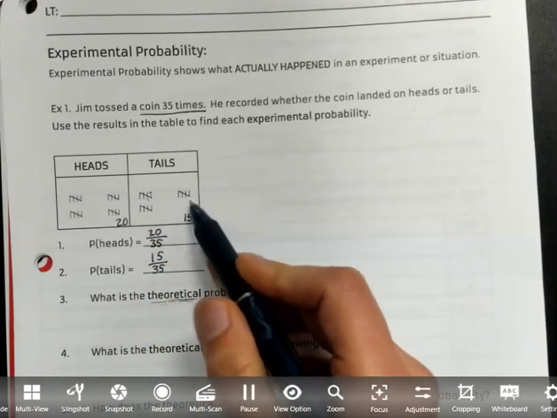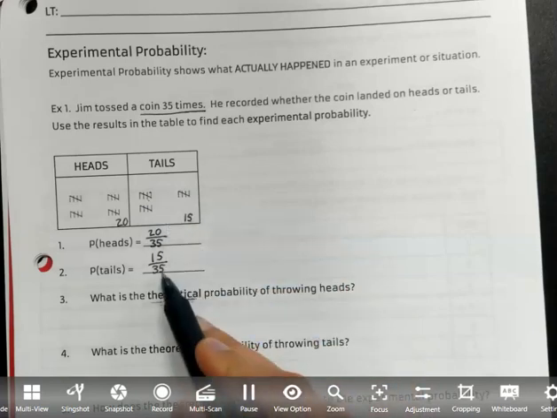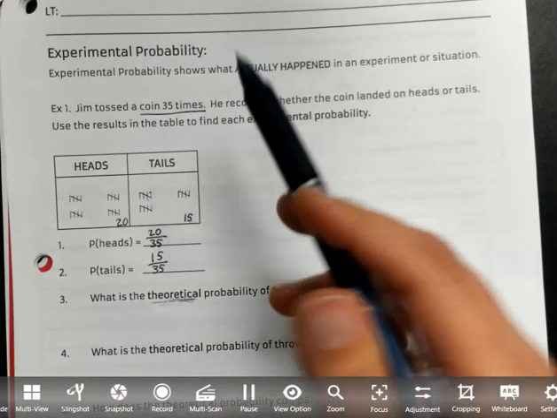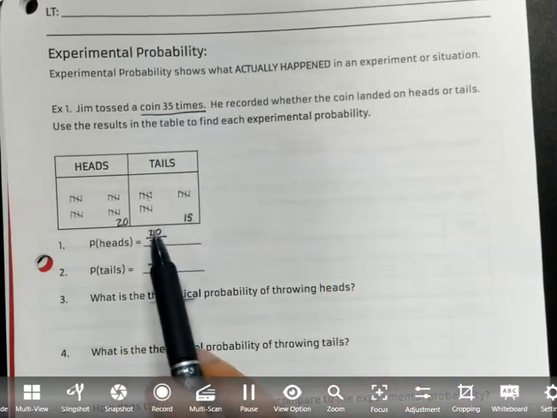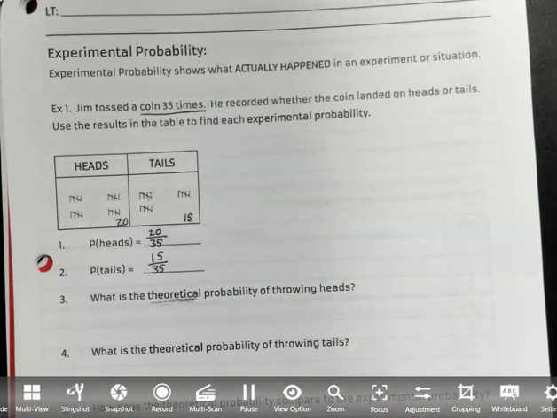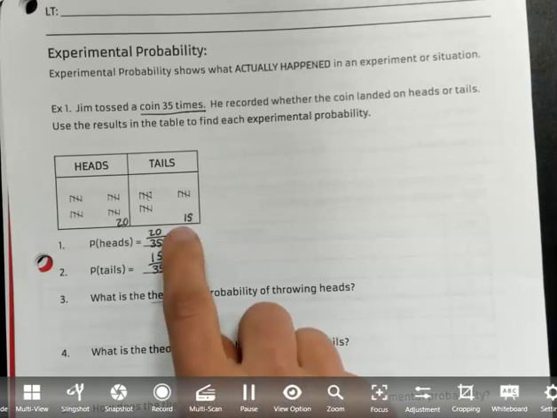So I'm just using my total numbers for this and calculating total number of tails divided by total number of trials, total number of heads divided by total number of trials, all right? And then what I'm going to do is I want to get this in decimal form to the nearest hundredth so that we can actually compare these.